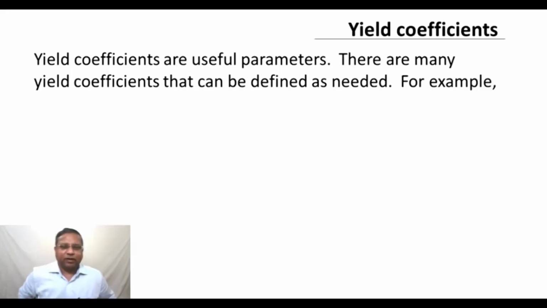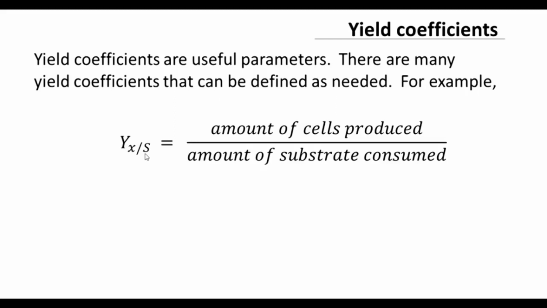The next concept that we are going to look at, a useful concept, is called the yield coefficient. It's a very simple concept but useful, and you could define many yield coefficients. For example, Y x slash s, yield of cells with respect to substrate, that's the way to read this. Yield of cells with respect to substrate is defined as the amount of cells produced divided by the amount of substrate consumed.